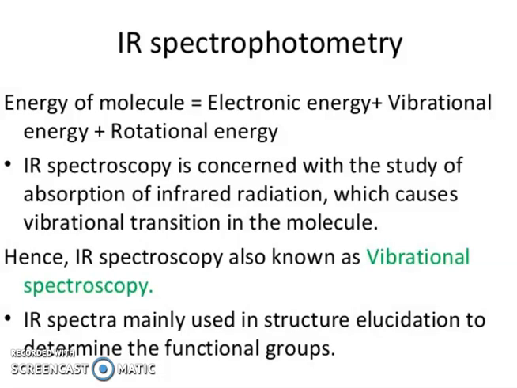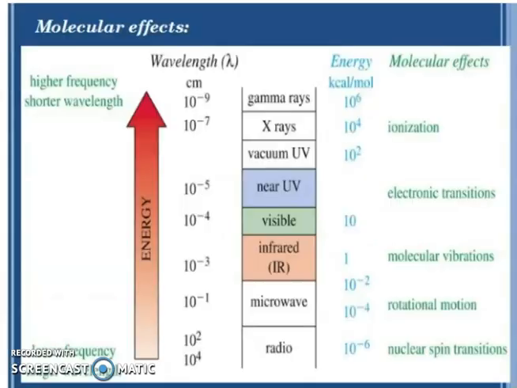My friend, IR spectroscopy is also known as vibrational spectroscopy. IR spectra are mainly used in structure elucidation to determine the functional groups. I repeat, IR spectra are mainly used in structure elucidation to determine the functional groups.